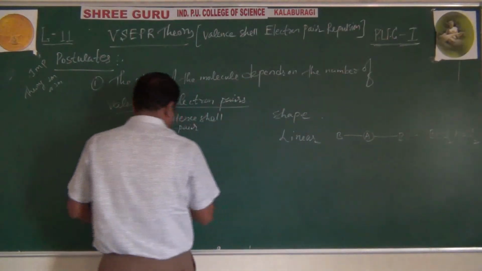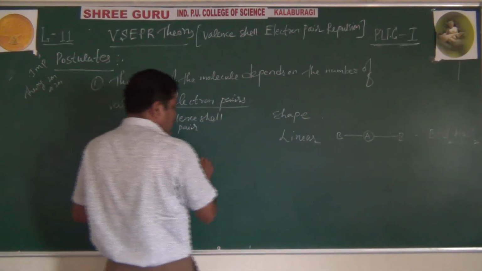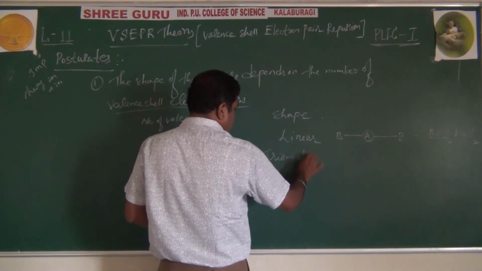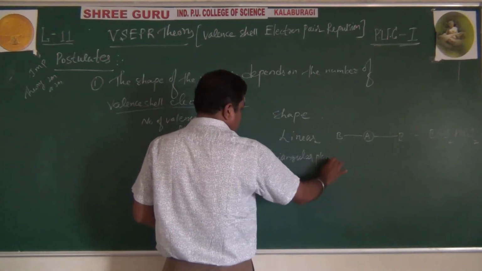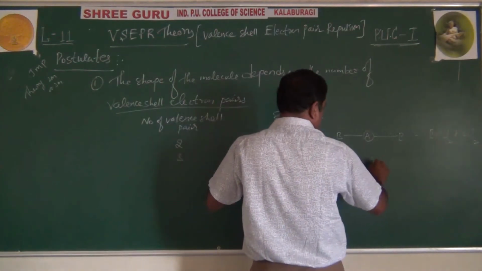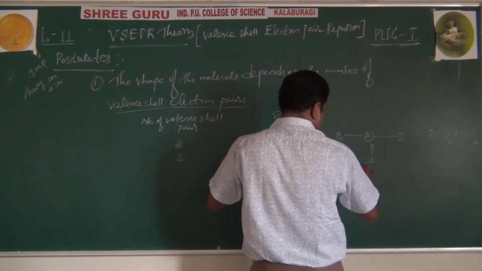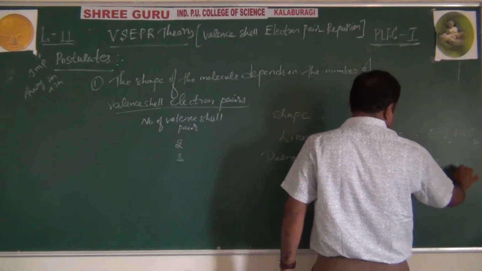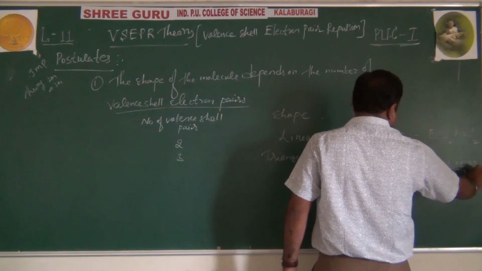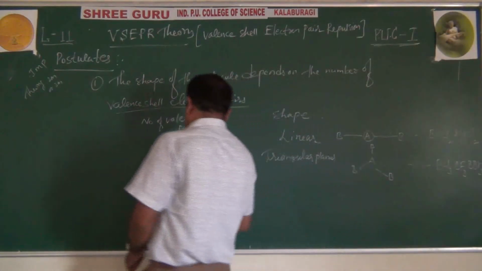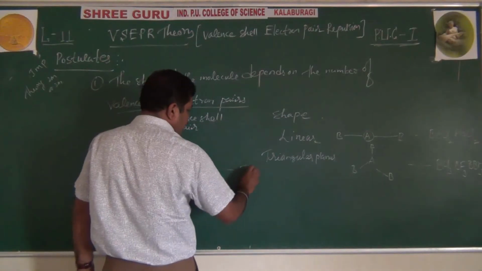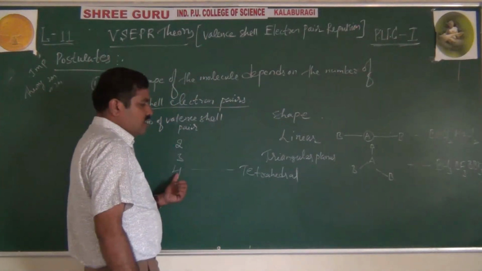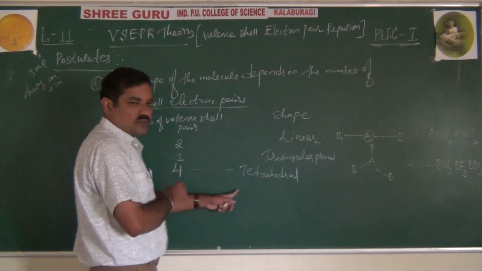Okay. If there are 3, then it is triangular planar. A surrounded by B. Best examples: boron dichloride, boron dibromide. If there are 4, tetrahedral. If a D orbital is involved, dsp2, that is square planar, remember, right?